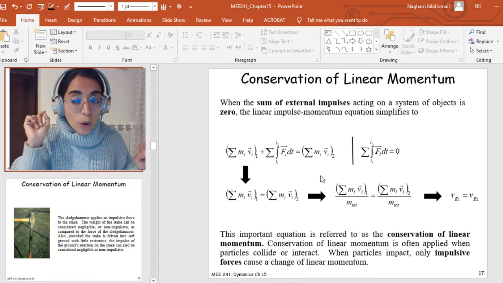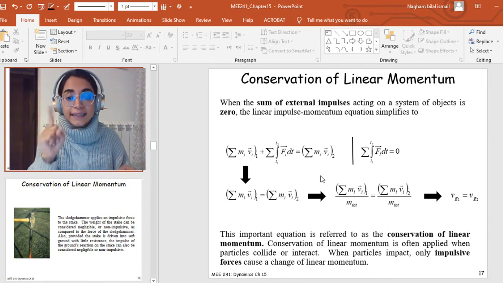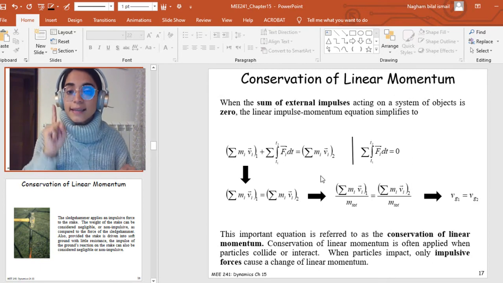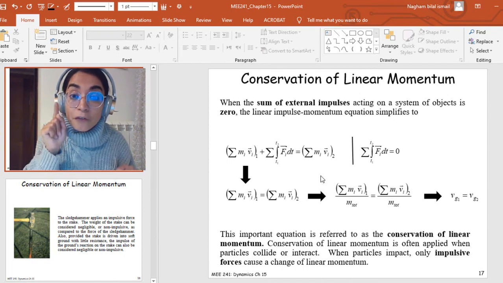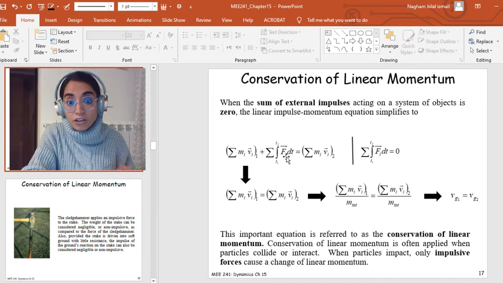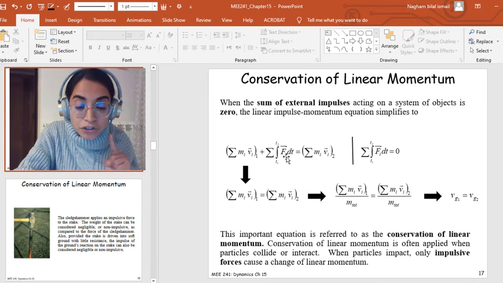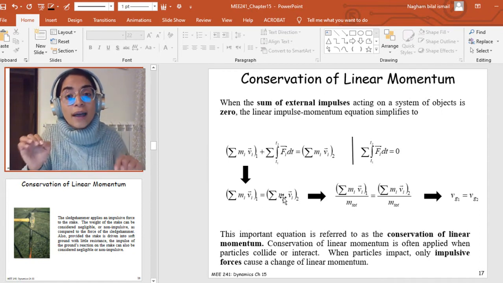Now, what if, guys, the sum of external impulses acting on the system of particles is equal to 0? So I'm going to repeat, guys, this is only applied if the sum of external impulses acting on a system is equal to 0. In this case, this term will vanish. And then, if this term vanishes, guys, I'm going to have a conservation of what?